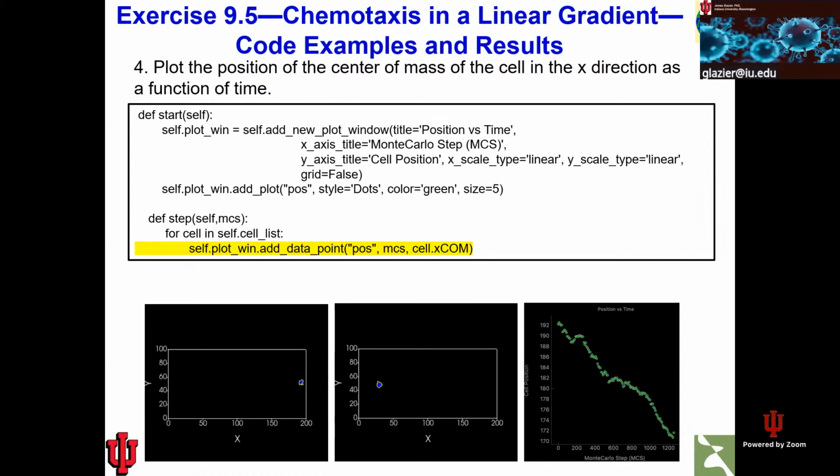But that's not where the problem is. The problem is in the plot where you're adding the data point. So let's look at this. Scroll down. Let's look at line 36. What is wrong in line 36? mcsl.xcom, plot line add data point.